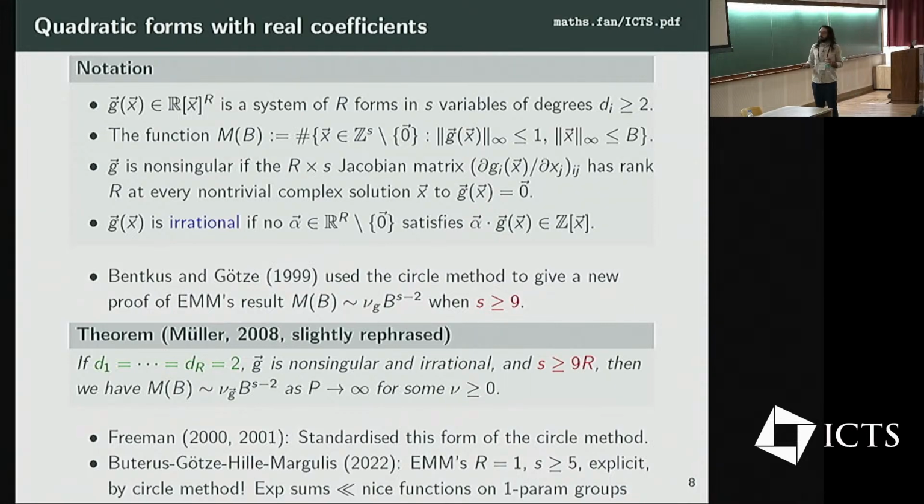So I find this particularly intriguing because it's work of Ben Green on one quadratic form in 8 prime variables, which actually does something suspiciously similar, but instead of being a one-parameter Lie group, it's the points over a finite ring on an algebraic group.